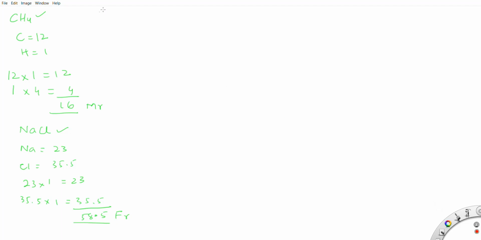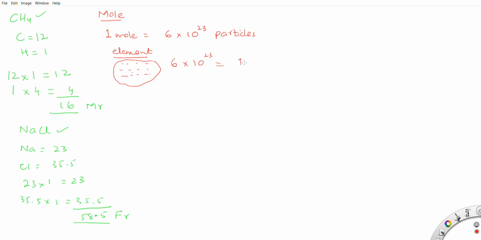Moving forward, the concept of the mole. In chemistry, 1 mole is equivalent to this many particles. For example, if you are considering an element and you count this many atoms of the element, then we can say that this is 1 mole of this element.